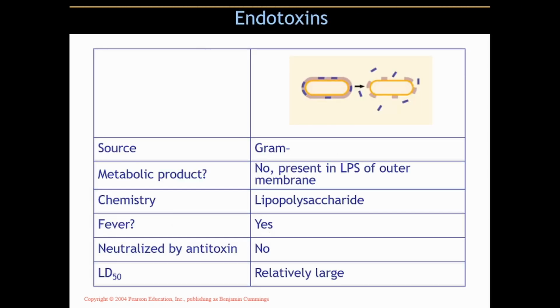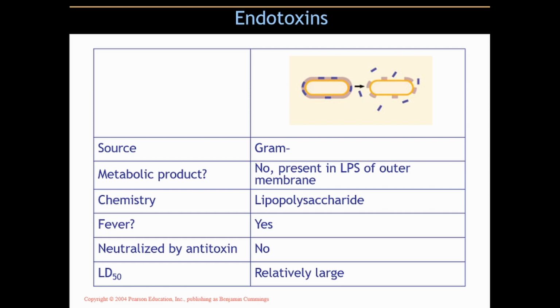This chart is important, and as I said in part two regarding exotoxins, if you were a student of mine, I would really want you to know this chart because it summarizes it. Source: gram-negative. Is it a metabolic product? No. They're present in the lipopolysaccharides of the outer membrane, so it's not being released by their metabolism. It's just being released from the cell itself. What is it made of? Lipopolysaccharide.